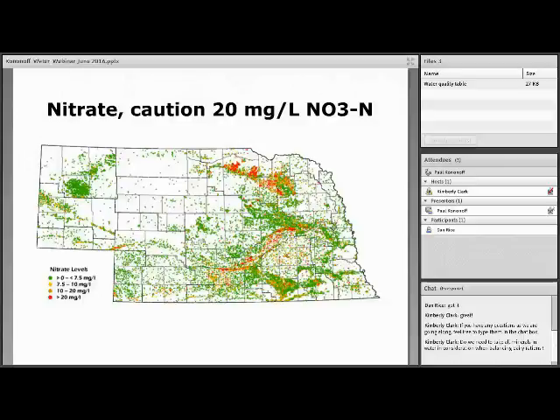So if you've got dairies located in these areas, you probably want to have a look at things and think about how your fields are being managed if you are the one spreading fertilizer on those fields, and wonder what kind of impact you're having on your dairy herd.